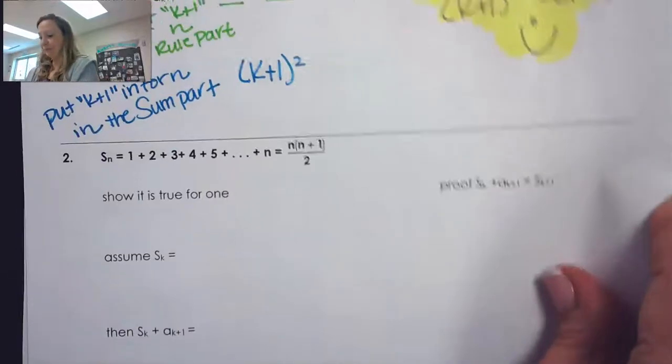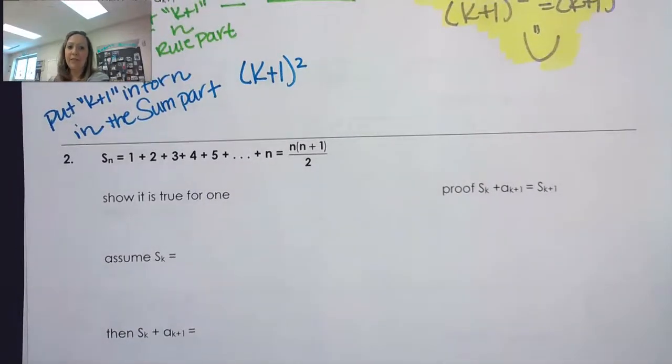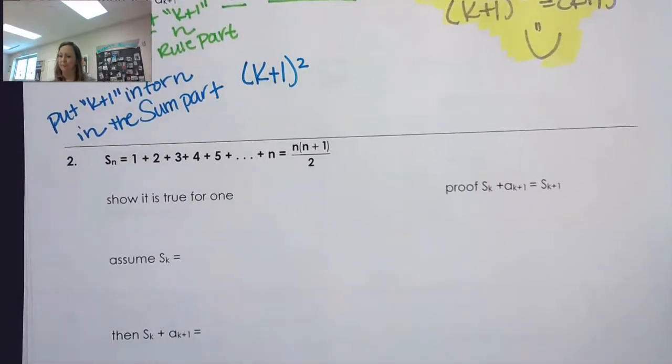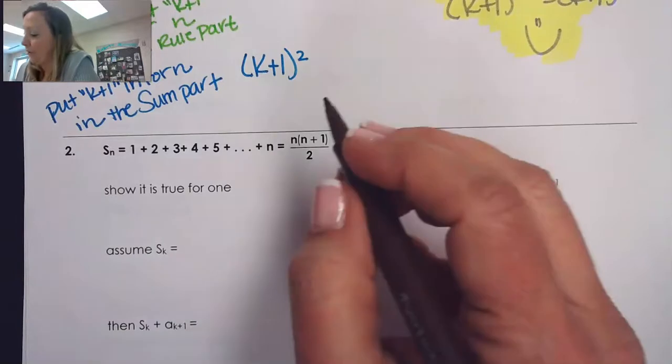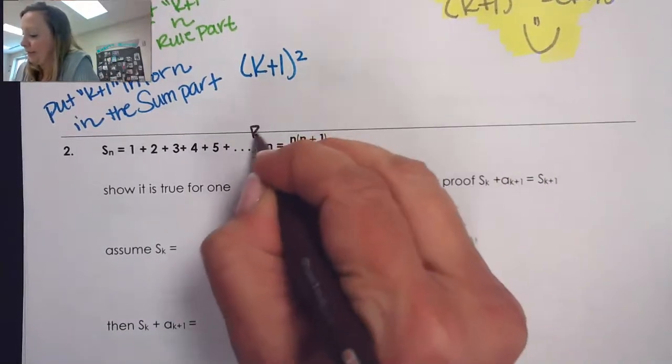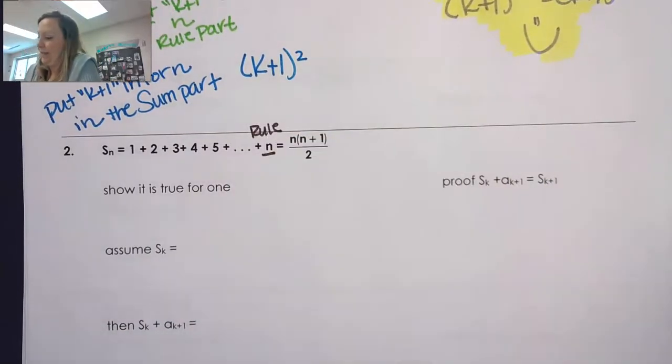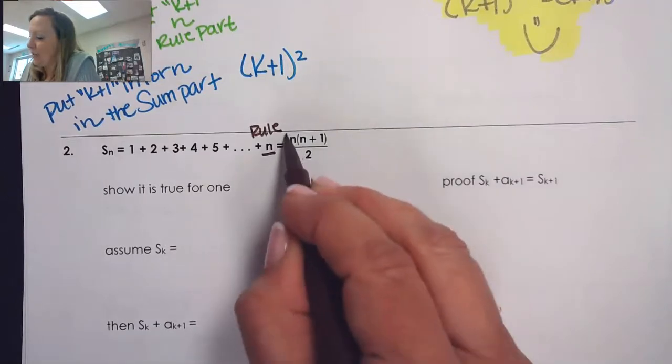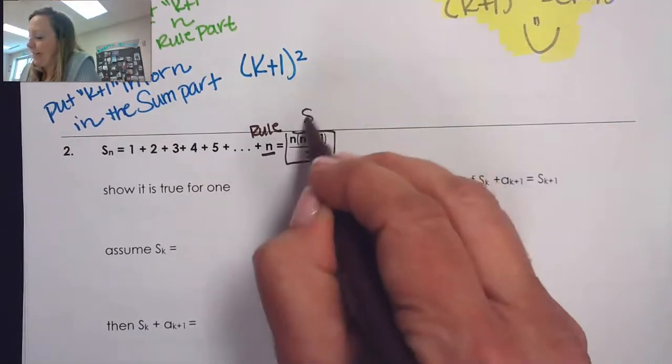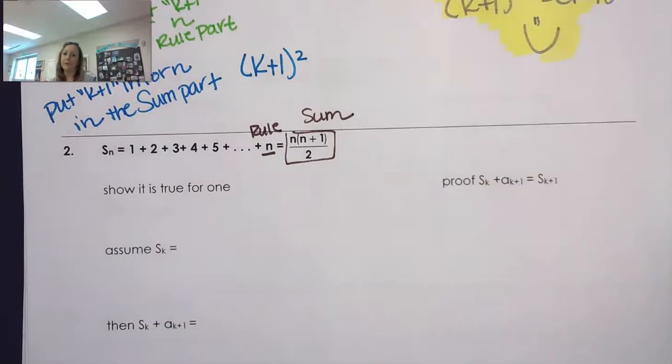So let's try a different one. S sub n equals 1 plus 2 plus 3 plus 4 plus 5, and so on. And it tells us the rule, but it's pretty obvious that our rule is just n. And that our sum is n times the quantity n plus 1 over 2, okay?